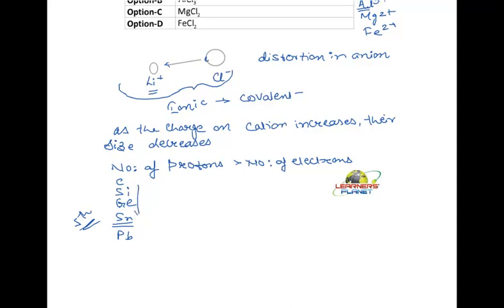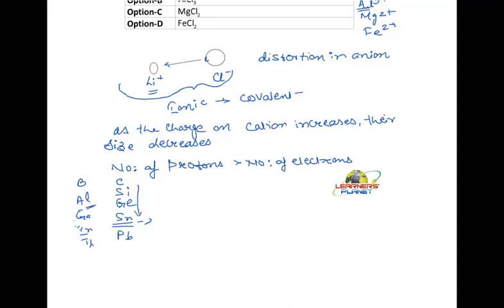Down the group the size increases, so the size of tin is more. Aluminium is present in the 3rd group: boron, aluminium, gallium, indium and thallium, in the 3rd period.